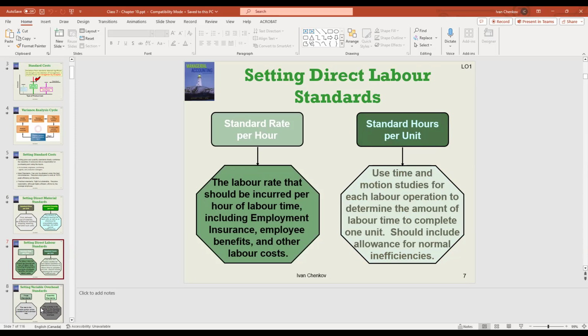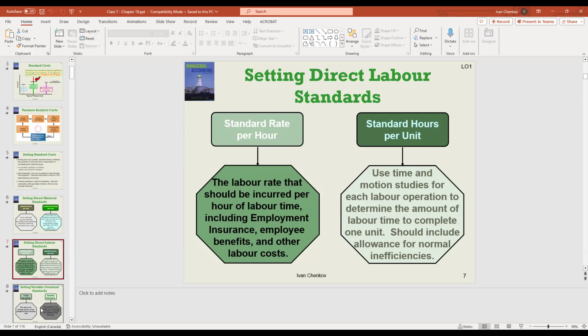Obviously not. What will be included? The cost is $20 plus the Canada Pension Plan that the employer has to pay, plus employment insurance, plus any benefits, and any other costs related to the employee who is paid $20.